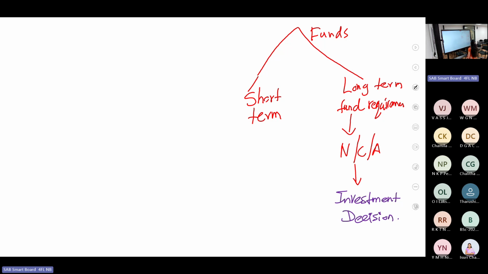Investment decision. Now, if it is short term, why the short term?